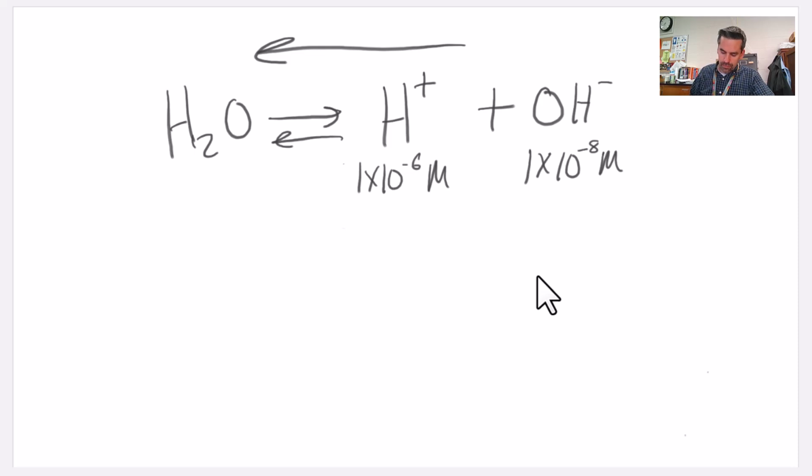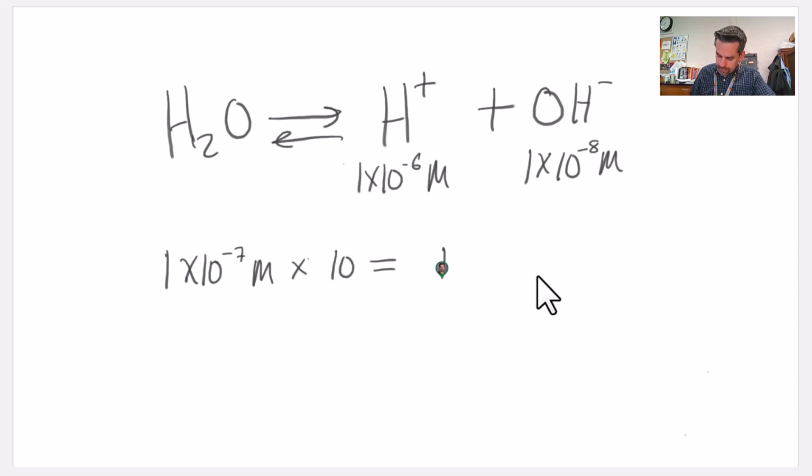And if our concentration is 1 times 10 to the negative 6, that means we have more H plus than we did before. And 1 times 10 to the negative 7 molar, times 10 gives us 1 times 10 to the negative 6 molar.